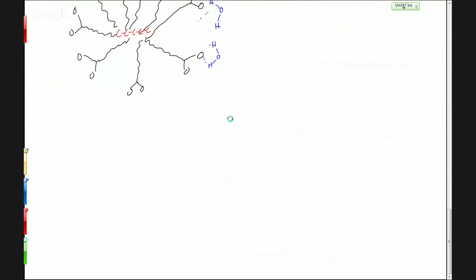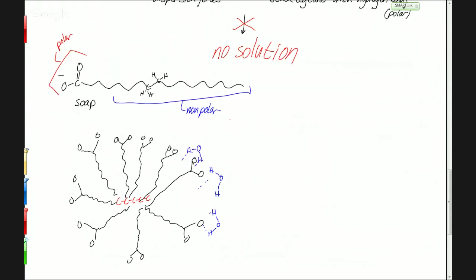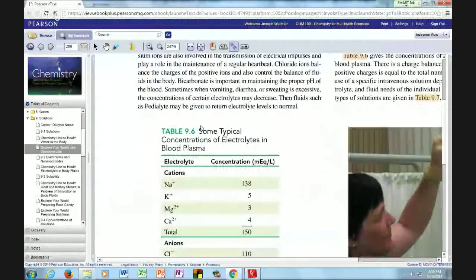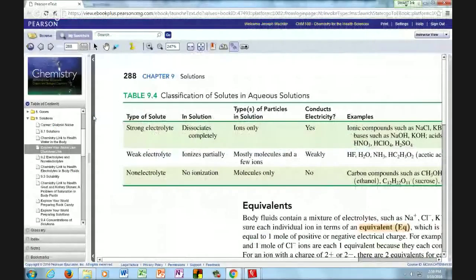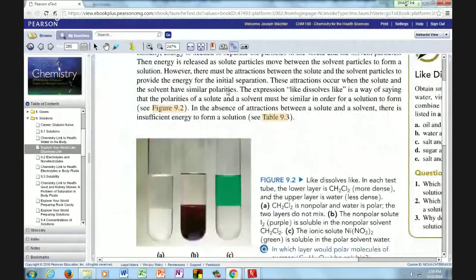I have a question. Yeah. It's about the water floating on top and the oils on the bottom. Yeah, right, so like this.